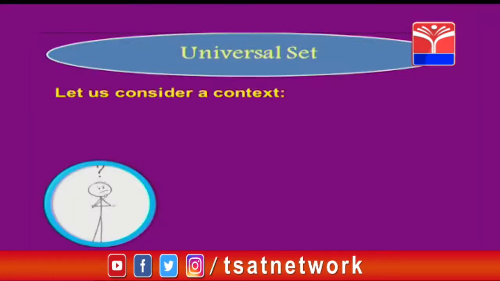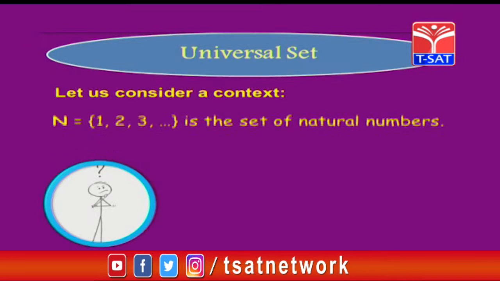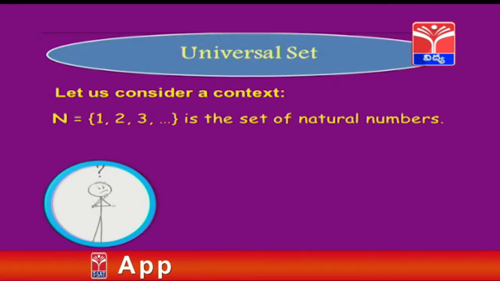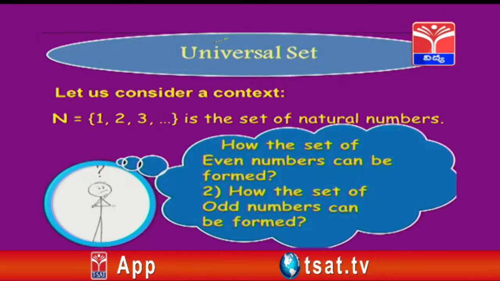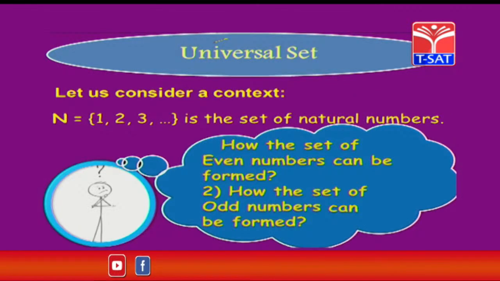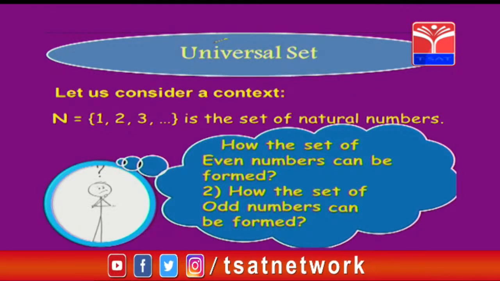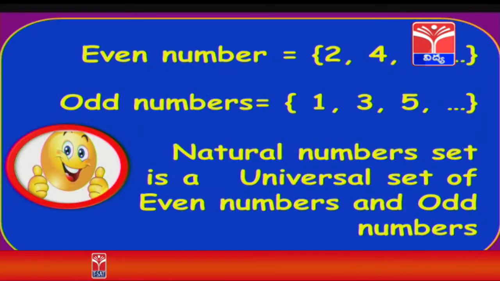Let us consider another context. N is the set of natural numbers 1, 2, 3 and so on. The question is how the set of even numbers and the set of odd numbers can be formed from natural numbers. You can see even numbers are those divisible by 2: 2, 4, 6 and so on, and odd numbers are 1, 3, 5.